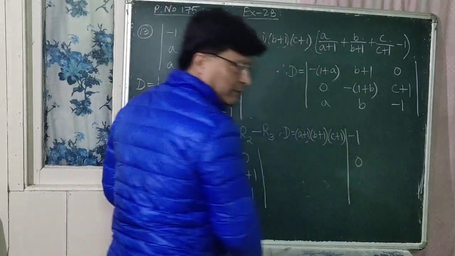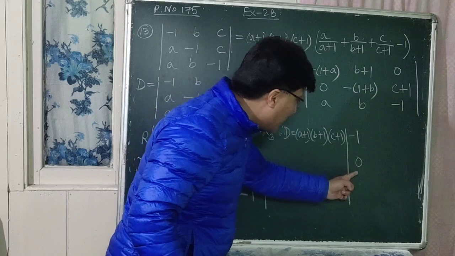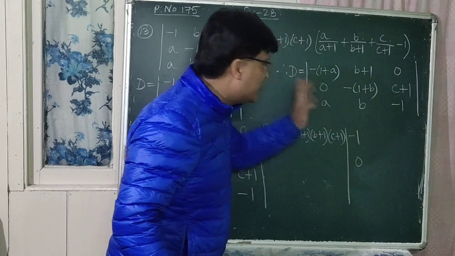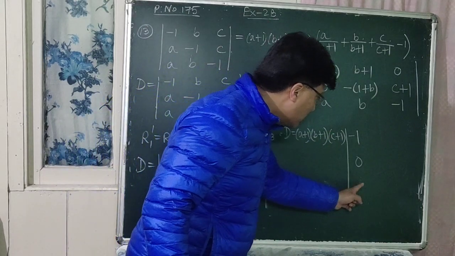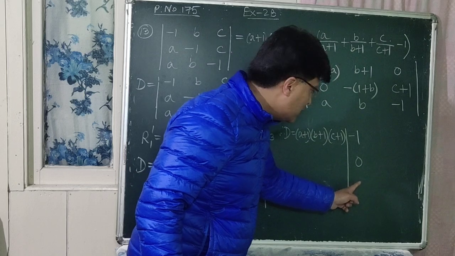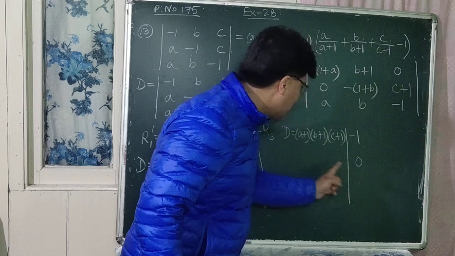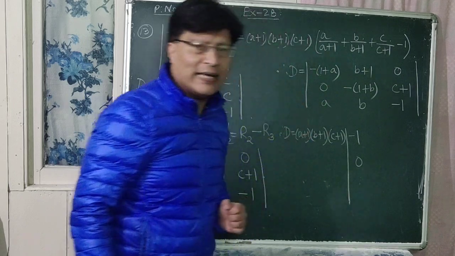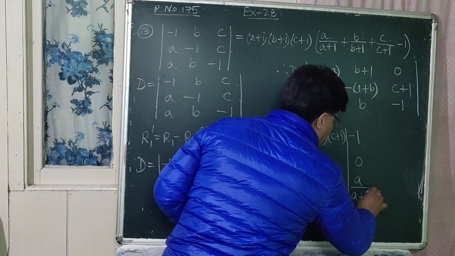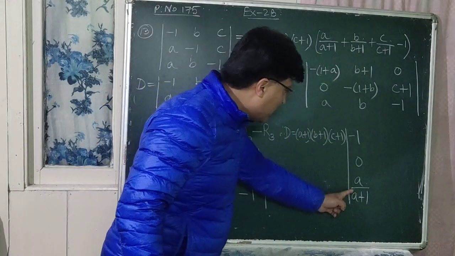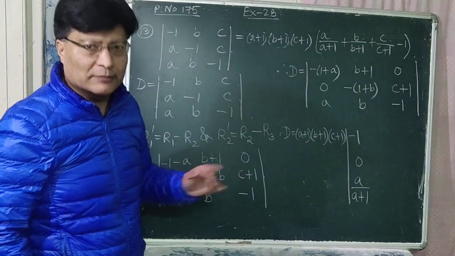What should be the term here, so that if you multiply that term by A plus 1, you should get A? It is the third element of the first column. So it should be A by A plus 1, isn't it? If you multiply A by A plus 1 by A plus 1, you will get A. So it's the correct term.